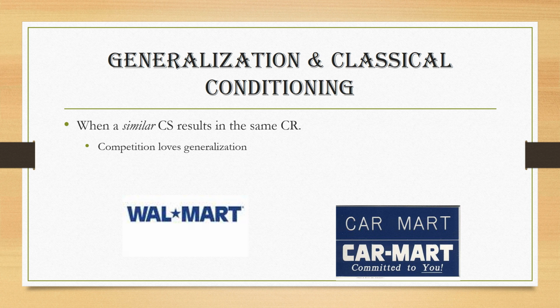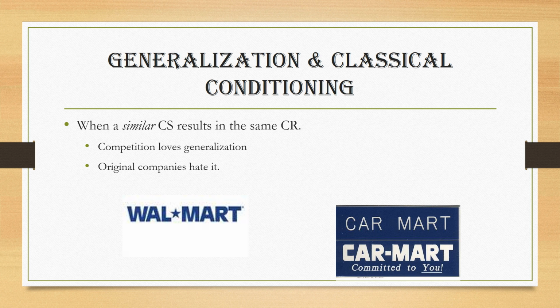They want you to think of discount prices and a place that you enjoy. In fact, if I'm not mistaken, Walmart brought a lawsuit against CarMart saying you cannot do that, you're stealing our trademark. So this was a time where the competition loves the idea that customers see a similar product, in this case a similar style of ad, and they think the exact same thing and it increases sales.